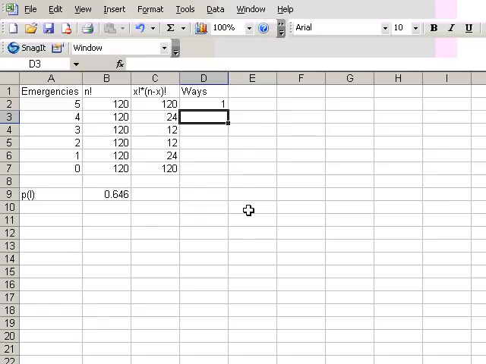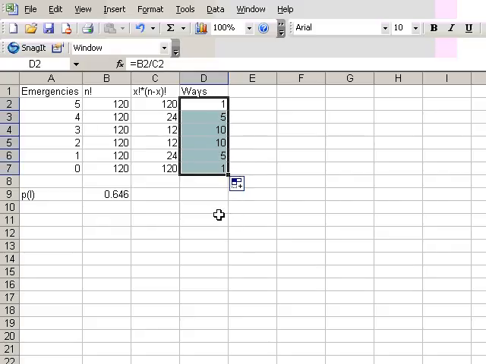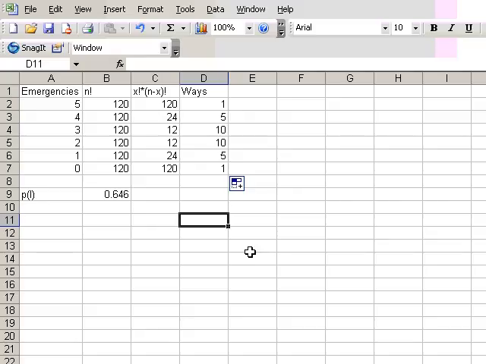On the other hand, as I drag this down, we see that there are 5 different ways that we may see 4 emergencies out of 5 visits, 10 ways for 3, 10 ways for 2, 5 ways for 1, and 1 way for no emergencies at all. And this would be that each person coming was not an emergency.